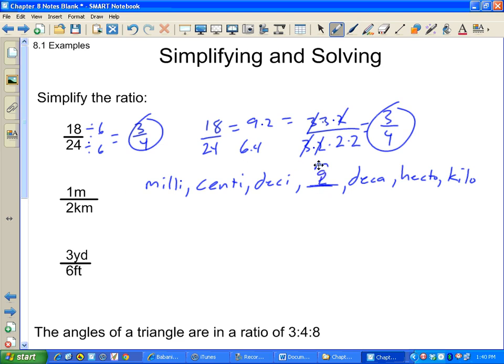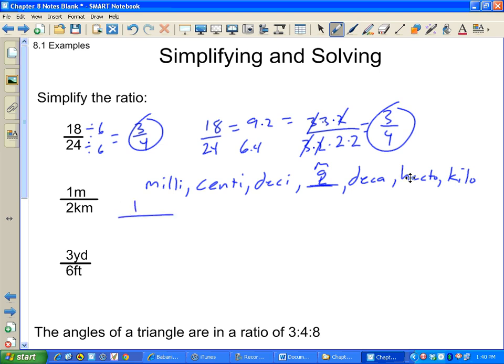If I'm moving this way, it's going to take 10 of these to be one of these, 100 of these to be one of these, 1,000 of these. It's always increments of 10, which is why the metric system is so fantastic. So 1 meter, if I want to convert that to kilometers, I would have to move the decimal place 1, 2, 3. But then I would have a decimal, and I prefer not to have decimals, so I'm actually going to convert kilometers to meters.